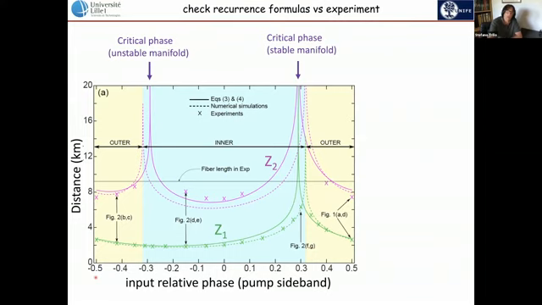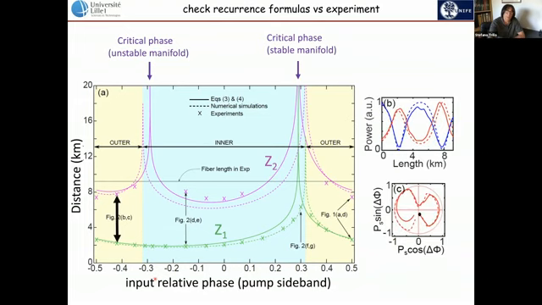So essentially what we did is to measure the distance of the first and second recurrence versus the input relative phase. This is to show that the relative phase is dramatically important, I would say. Starting from left to right, you can see that in this yellow region you are outside the separatrix, so the orbit is a double loop here.